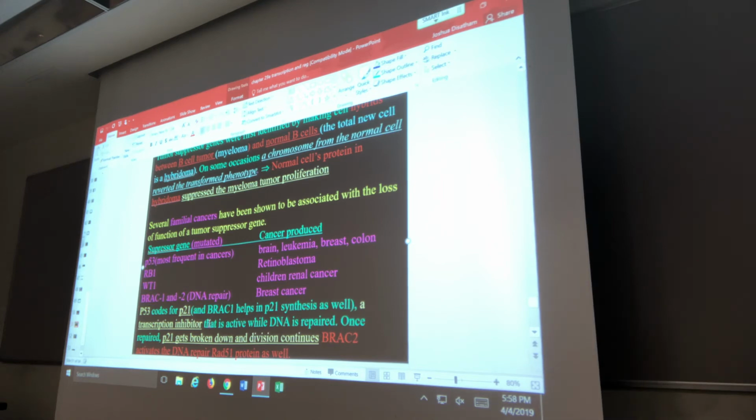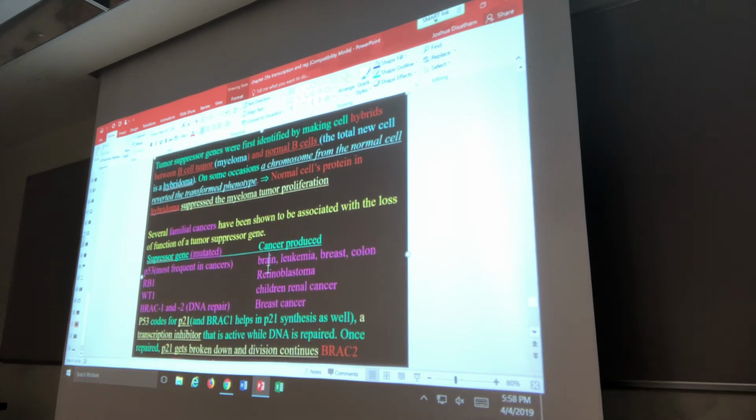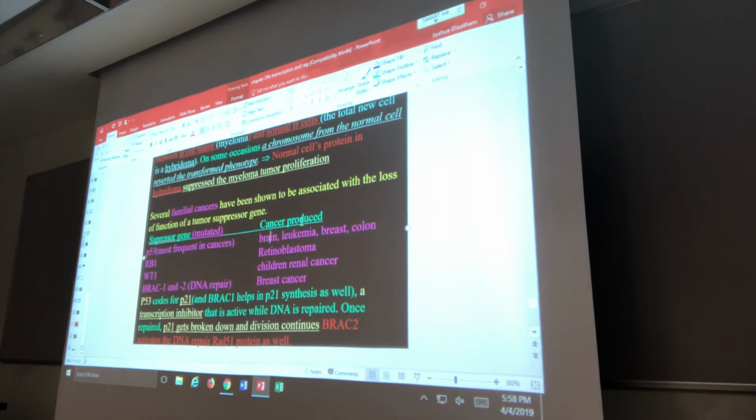If these are mutated, they lead to breast cancer. Overall, everything listed here is a tumor suppressor gene, again, whose job is to, if they're working properly, prevent the development of cancer by inhibiting the cell's ability to replicate and proliferate. You can read extra details there, but those are the basics.